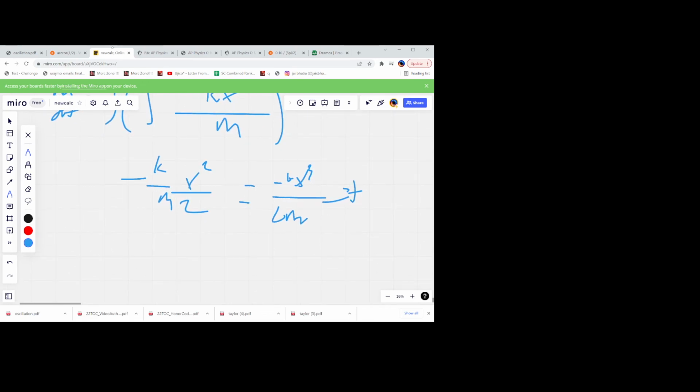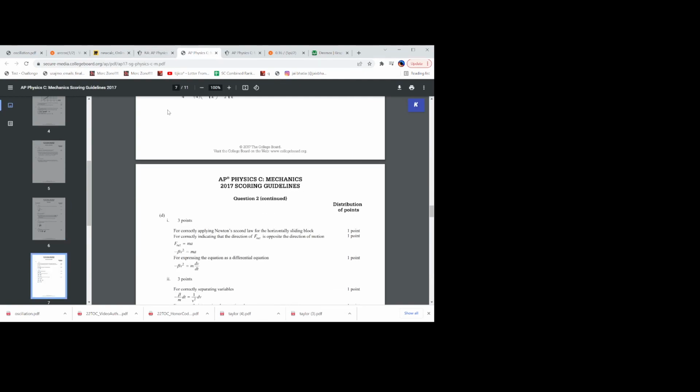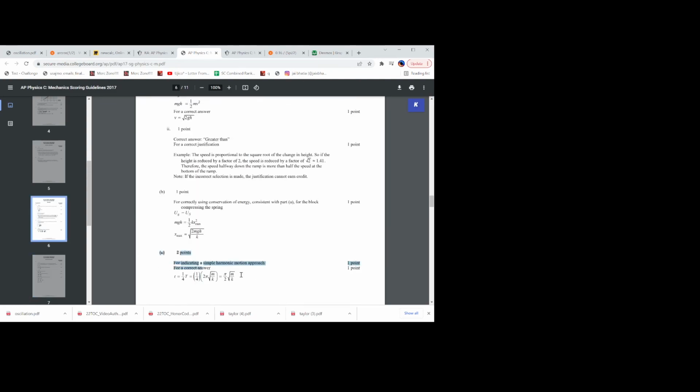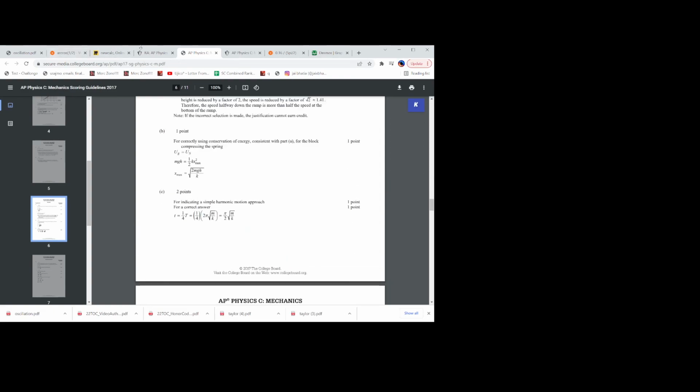Okay, no, it definitely doesn't work. Interesting. You know what? I'll concede problem part C. Would not have thought to use simple harmonic motion there.